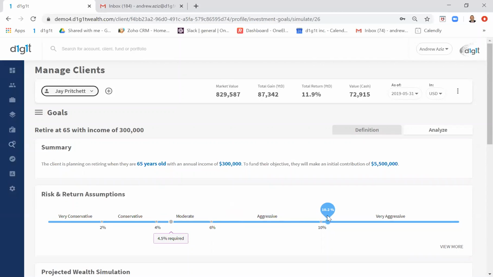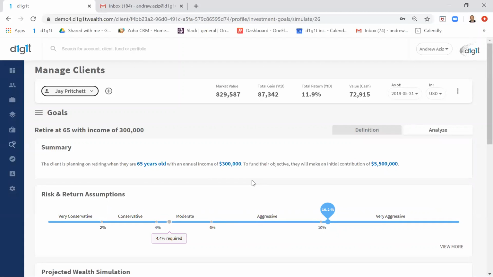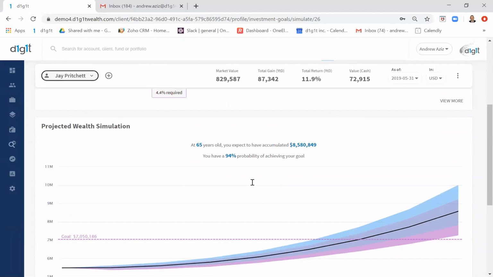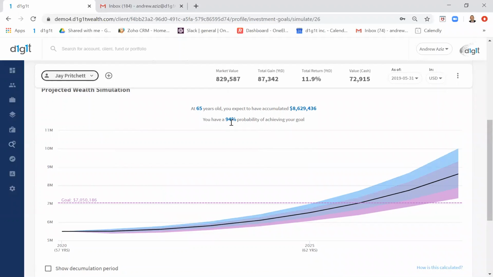Now, if we associate Jay's very aggressive profile with this, we see that with a 10% return and doing a Monte Carlo simulation, this projects to Jay achieving his target with well over 90% certainty.